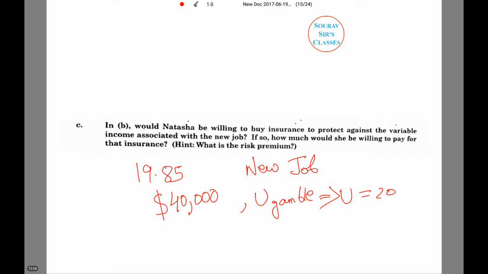Now substituting this value of 19.85 into her utility function, we figure out I, which is equal to 39,410.